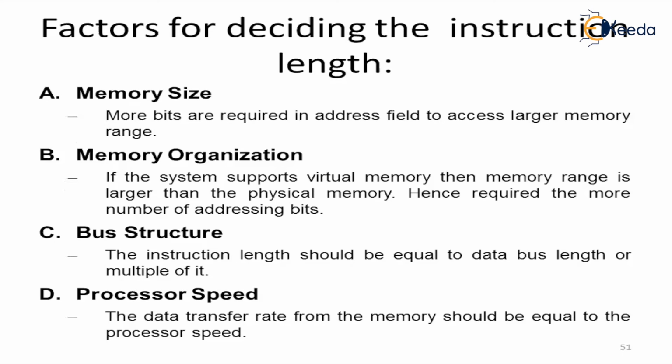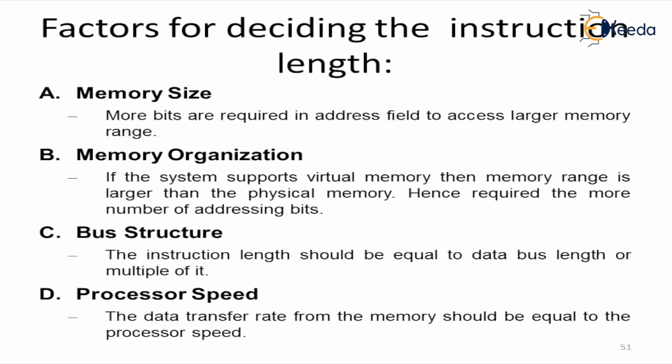Now, what are the different factors that will decide what type of instructions to be used and what should be the length of the instruction? The first factor is the memory size. More bits are required in the address field to access a larger memory range. So more bits are required simultaneously. Then you have the memory organization.